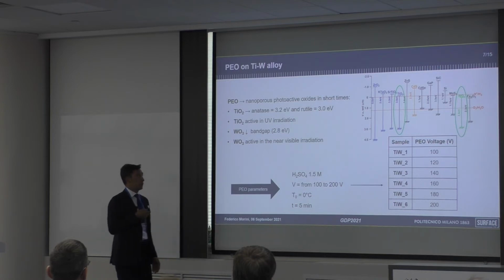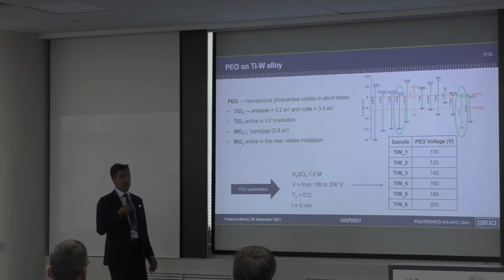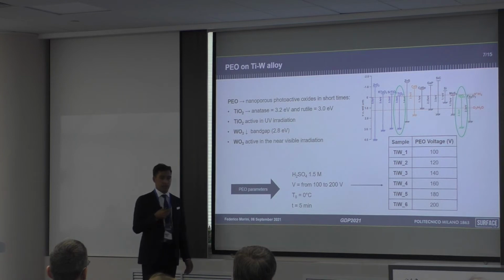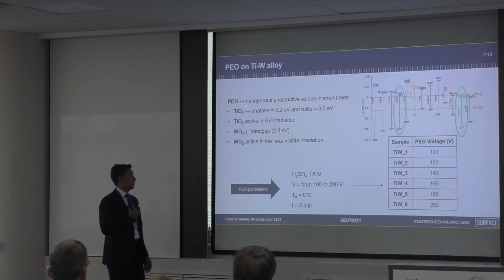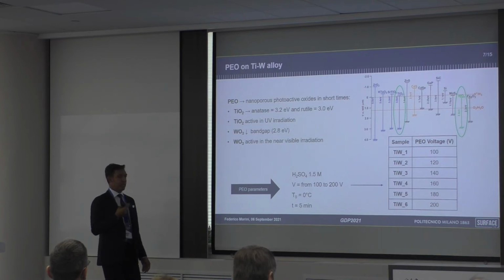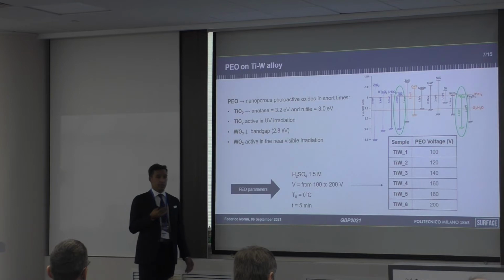This happens because we applied higher voltages compared to classical anodization, and usually we did it with titanium dioxide, and the phases that we could synthesize are anatase and rutile, which have 2 different precise band gaps and make titanium active under UV irradiation.